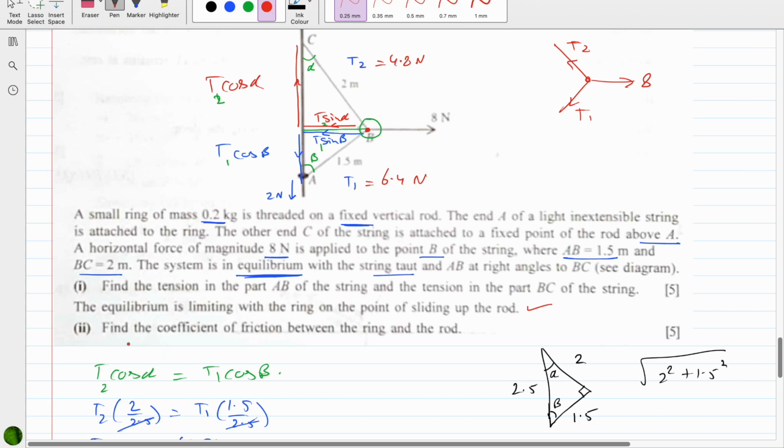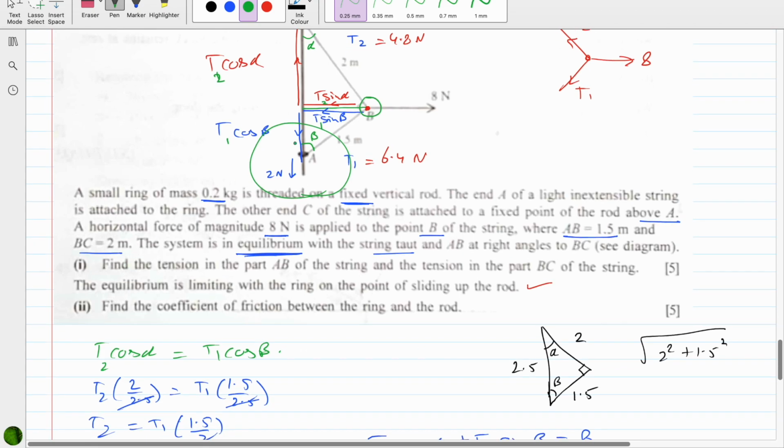Second part says find the coefficient of friction between the ring and the rod. Now we are solving around point A. We will not look at force 8, as that is on point B. When we are considering point A, we will take the direction of tension from A to B, away from the point of contact.